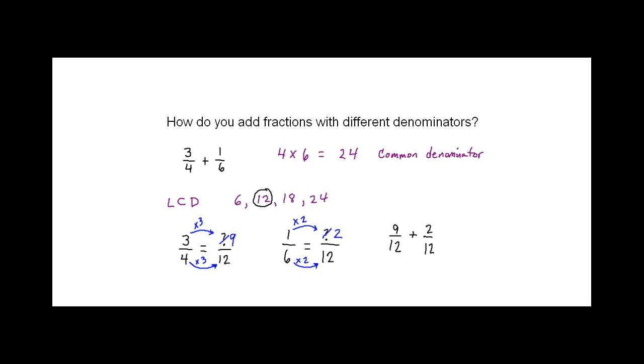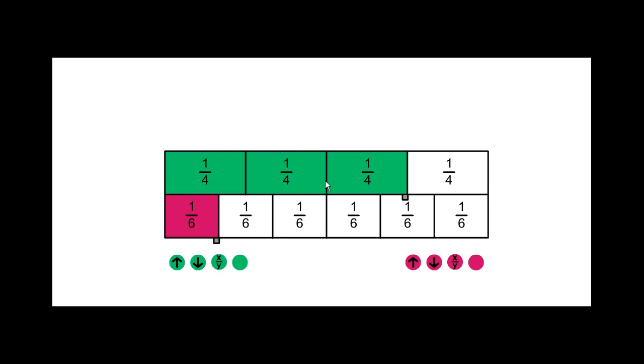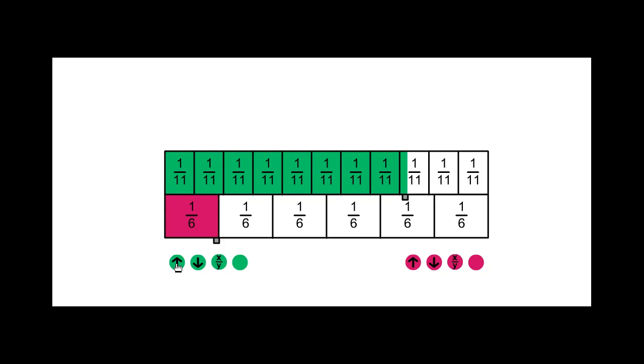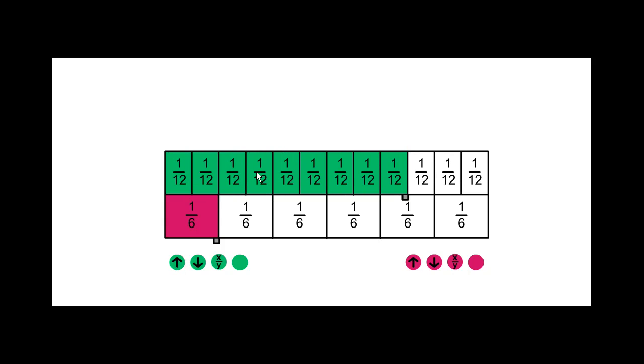Let's go back to our fraction bars and see what the new fractions look like. We need to change 3/4 into 9/12. So I'm going to increase the denominator till I reach 12, and we have 9/12 shaded in. Let's do the same for 1/6.